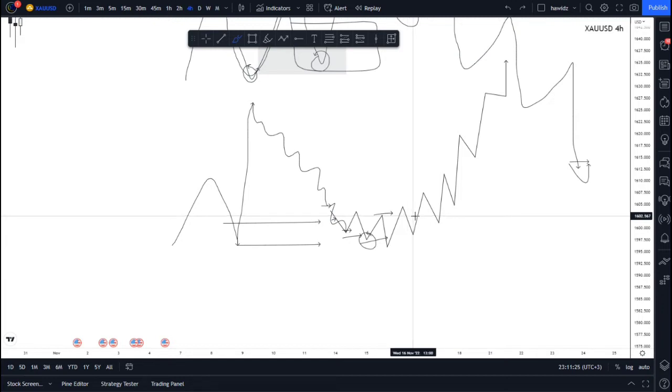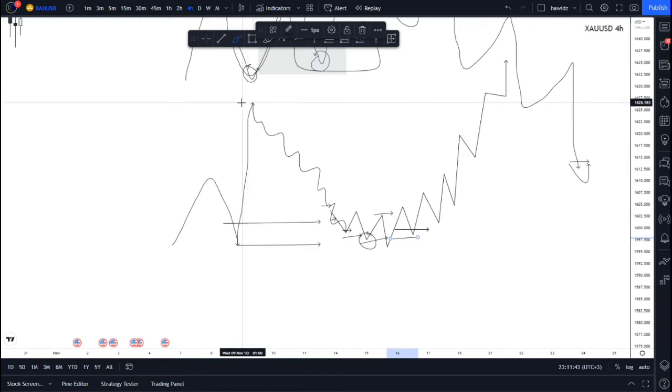What we're looking at is a simple transition from weak to strong hands, meaning the pullback is coming to an end, and the bulls are stepping back into the market to take price even more bullish. That's why we're considering the overall high as our next liquidity run.